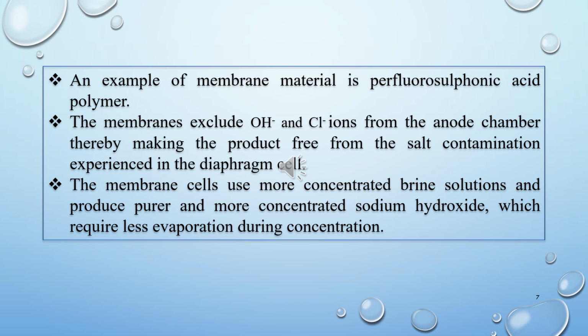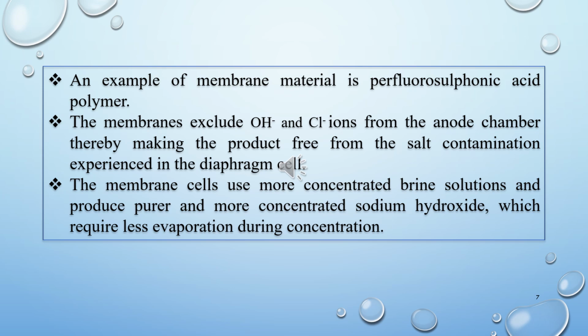Students, in this point he said that the membrane will exclude, or will not allow, the hydroxyl ion or chloride ion to pass through it from the anode chamber, because chloride and hydroxyl ions are not passing through it.